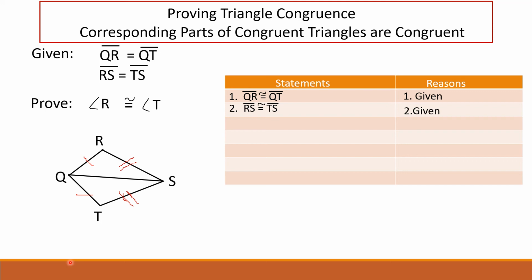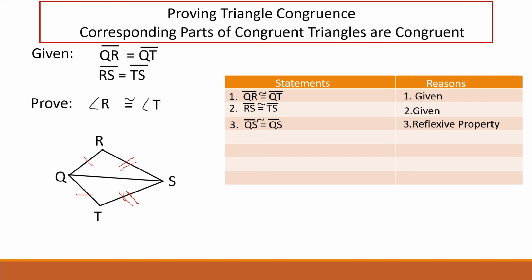Now look at this side here. This side, QS, is the side of this triangle. And at the same time, QS also is the side of the other triangle. So now we can say that segment QS is congruent to segment QS, and that is the reflexive property.